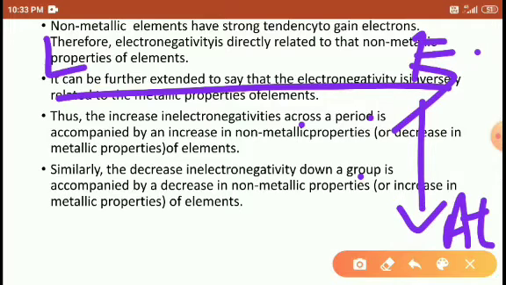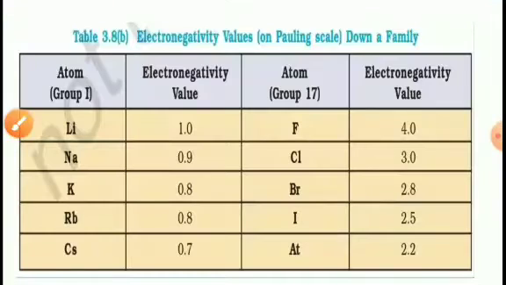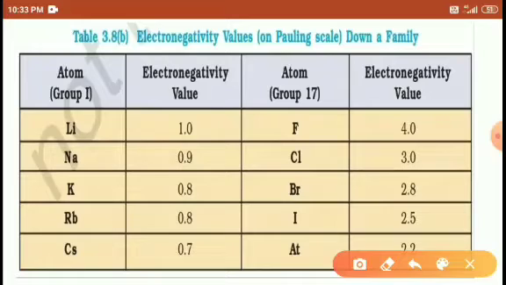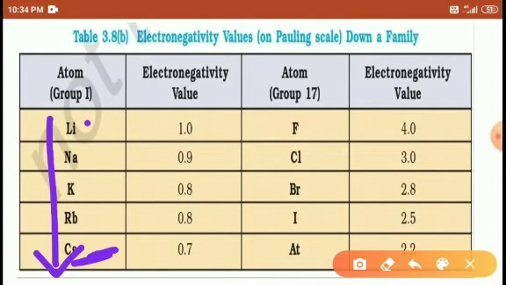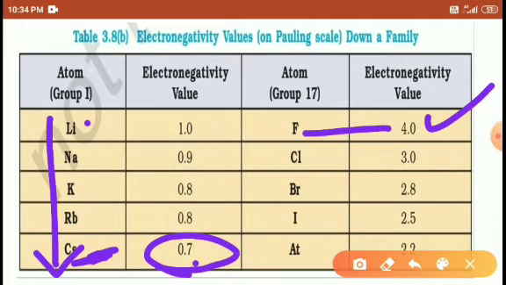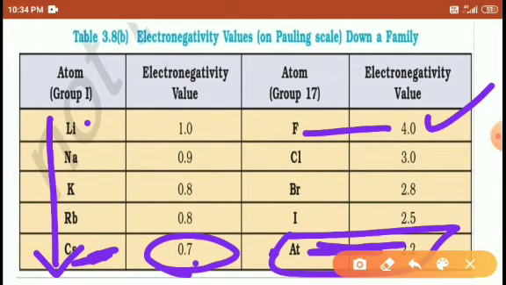So we explain that from top to bottom, the metallic character increases and the electronegative character decreases. Look at here, students. All are metals, but metallic property again increases here. So that's why cesium has the high metallic character, and that's why its electronegativity is less here. Similarly, fluorine has a high electronegativity, 4.0, but astatine is the metal. Astatine is the metal, its electronegativity decreases here, that is 2.2.